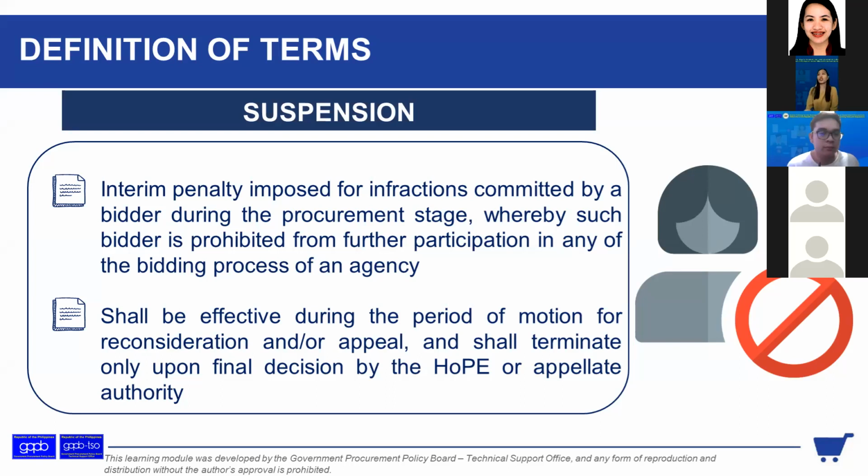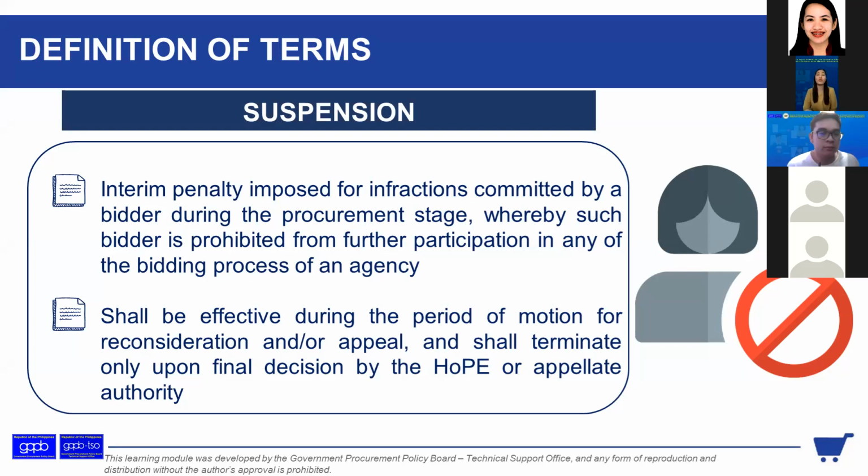But suspension is the first stage before you blacklist. You cannot blacklist without suspending, no? It shall be effective during the period of motion for reconsideration and or appeal and shall terminate only upon final decision by the HOPE or appellate authority favorable to the bidder. Ito, tatapusin ko yung sentence kasi hindi masyadong natapos.